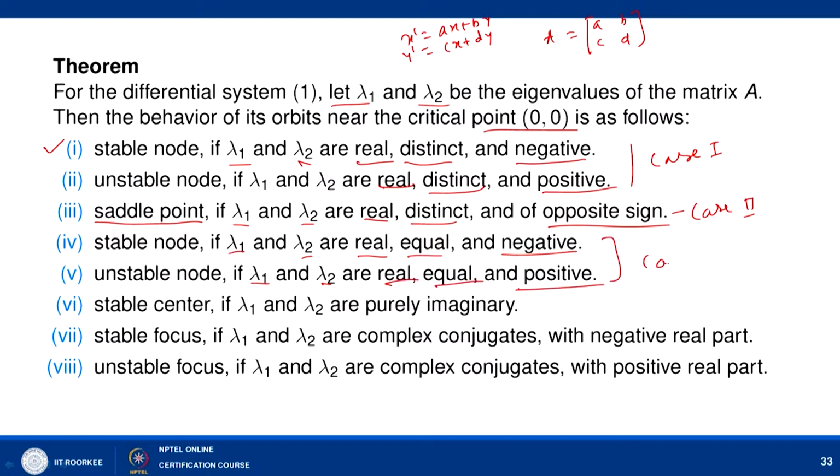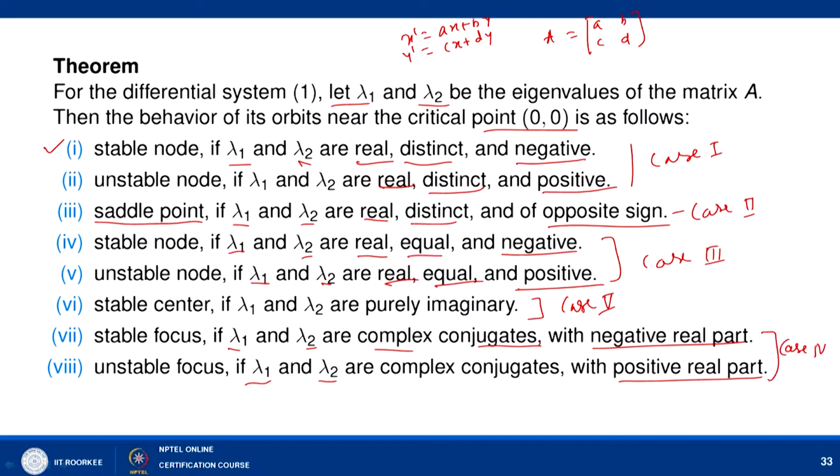This was our case 3. Then stable center if lambda 1 and lambda 2 are purely imaginary, which we discussed as case 5. And stable focus if lambda 1 and lambda 2 are complex conjugate with negative real part, and unstable focus if they are complex conjugate with positive real part, that was our case 4.